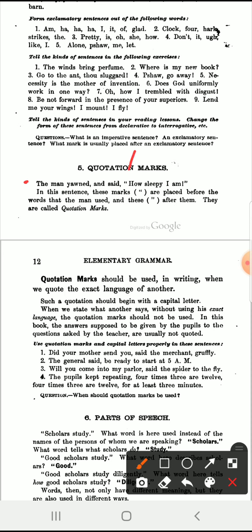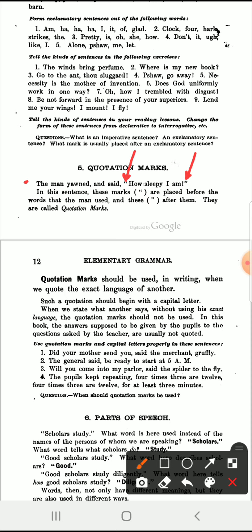Look at these marks. We see them here, and we see them again over here. These marks are called quotation marks. In this sentence we read, "These marks are placed before the words that the man used and after them."